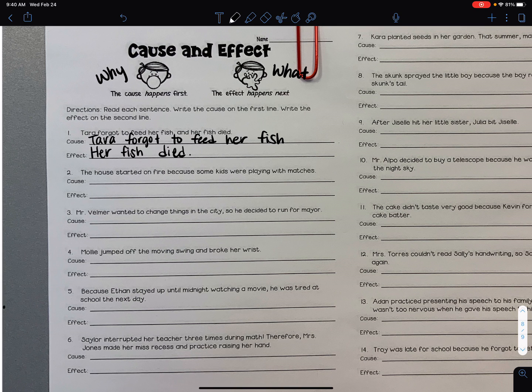All right, let's look at number 2. The house started on fire because some kids were playing with matches. So what was the effect? What happened?